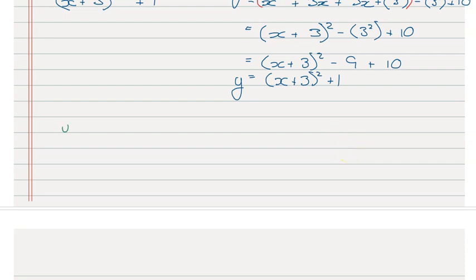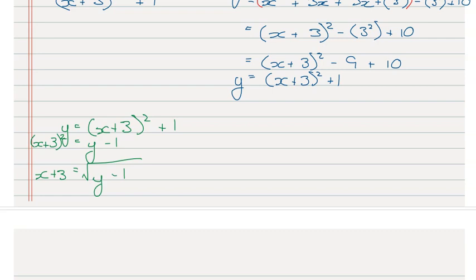Now to do that, we can say y equals x plus 3 squared plus 1, moving the constant over to the left and then flipping everything around, because we want to have x as the subject, be x plus 3 all squared equals y minus 1. Then I'm going to take the square root of both sides, x plus 3 equals the square root of y minus 1.